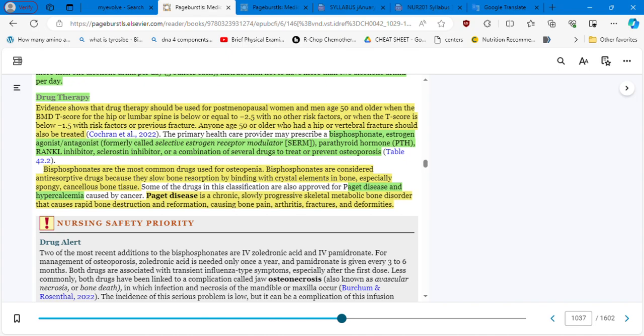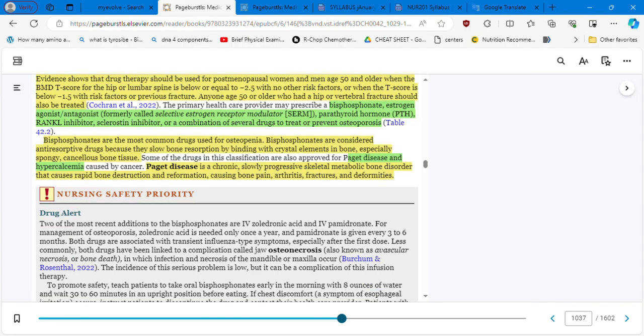So you have biphosphonates, estrogen agonists, selective estrogen receptor modulators, parathyroid hormones, receptor activator of nuclear factor kappa B inhibitors, sclerostin inhibitors, or a combination of several drugs to prevent osteoporosis.